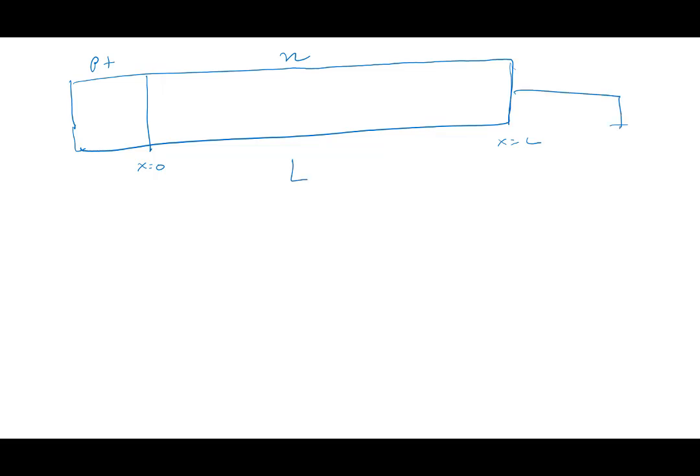We call this L much larger than, or at least greater than, 3 times Lp and all that, right? So we call this a long base diode, calling this the base region.